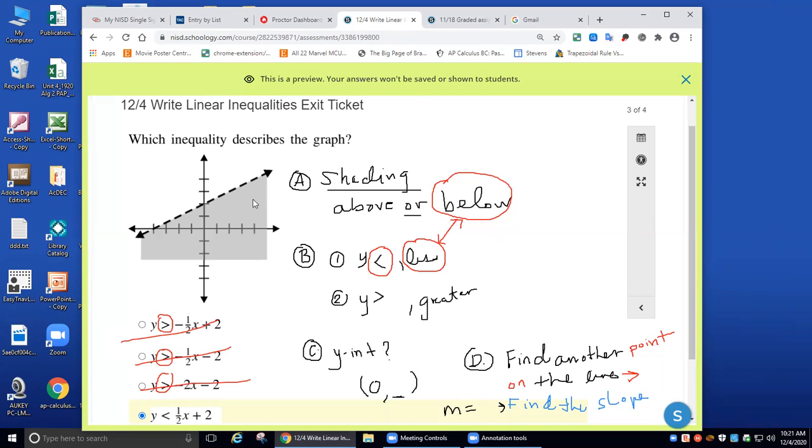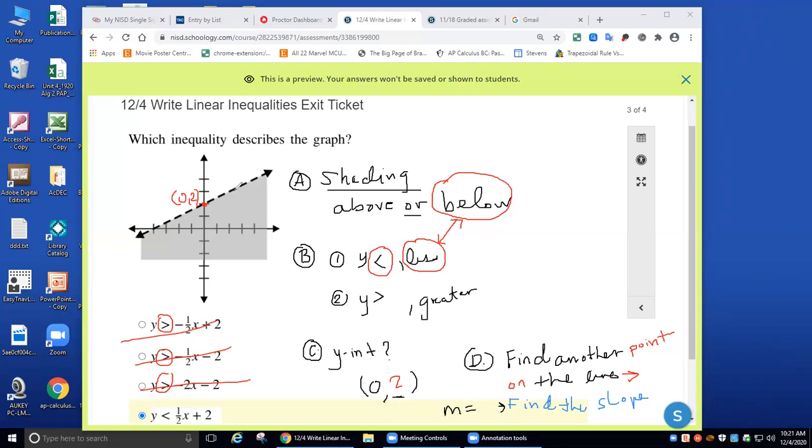So just to help you guys out, to just further understand this, we know that if you notice, it crosses the y-axis here. This is at 0, 2. Then let's pick another point on the line.